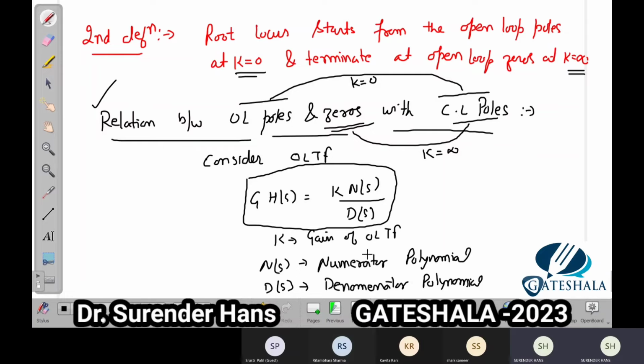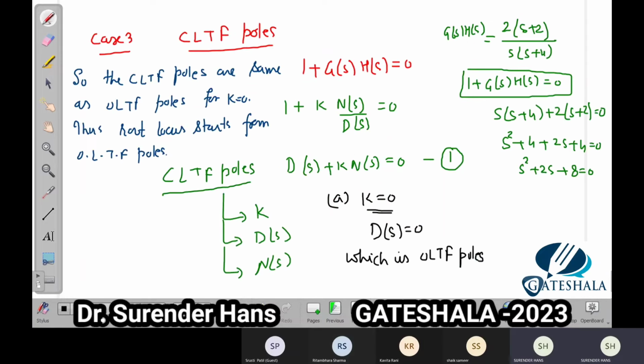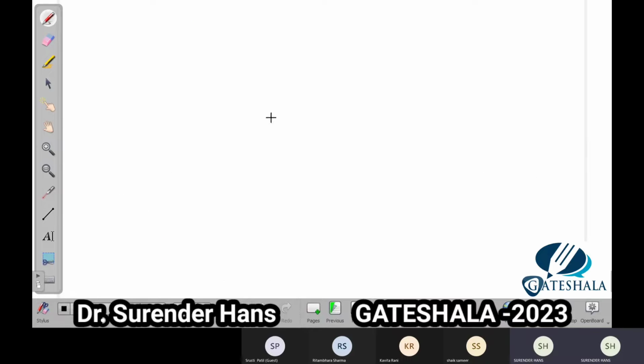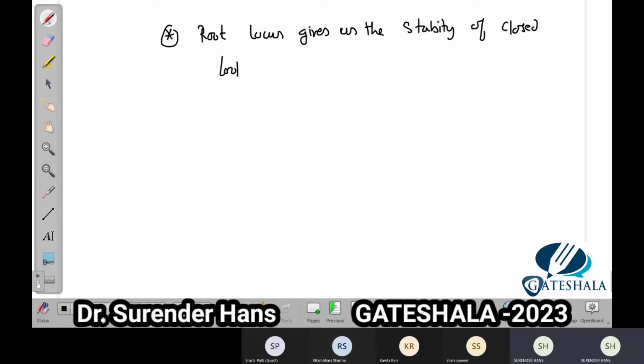One more important point is that root locus gives us the stability of the closed loop system, not the open loop system.